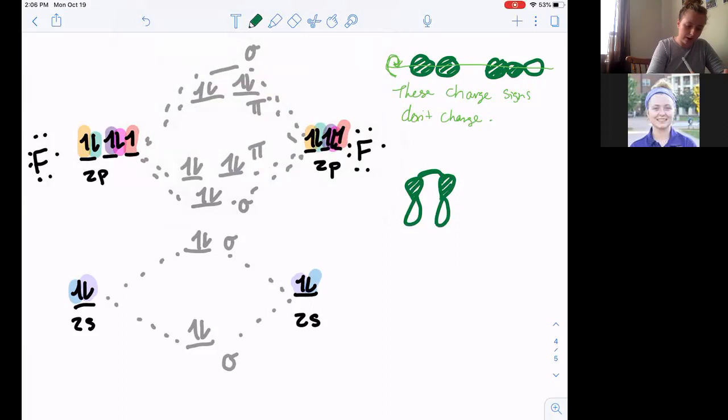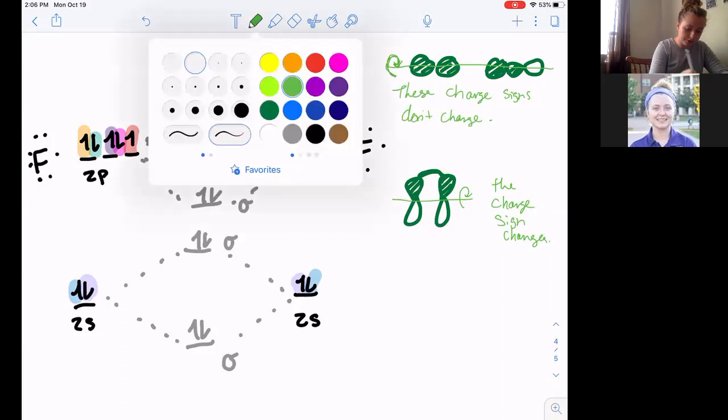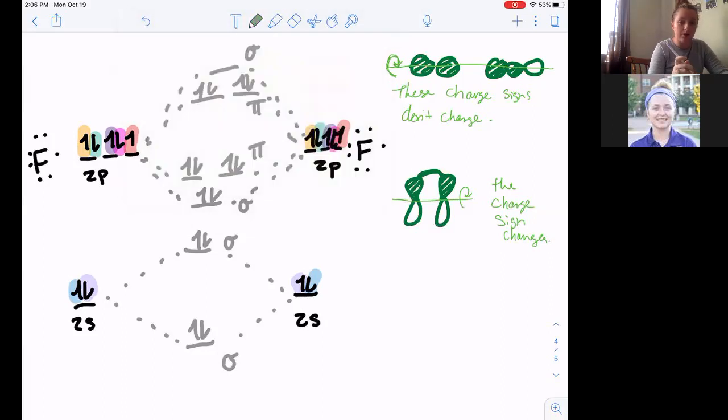And if I drew a line through this and I turned it, as one side goes down, the other side comes up, the charge sign changes. Okay?